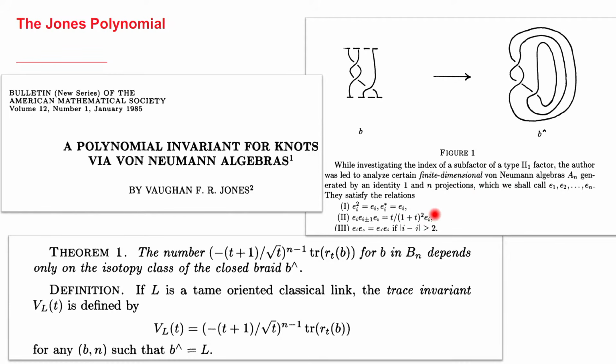So scary stuff, but you get these very pretty representations from projectors in this algebra. And then he observed that if you take a particular weighted trace, if you take a braid, apply this representation to it, take the trace, which is part of the definition of the von Neumann algebra, then with an appropriate factor, you get an invariant of the knot. And of course, we know that's gone on to be very influential.